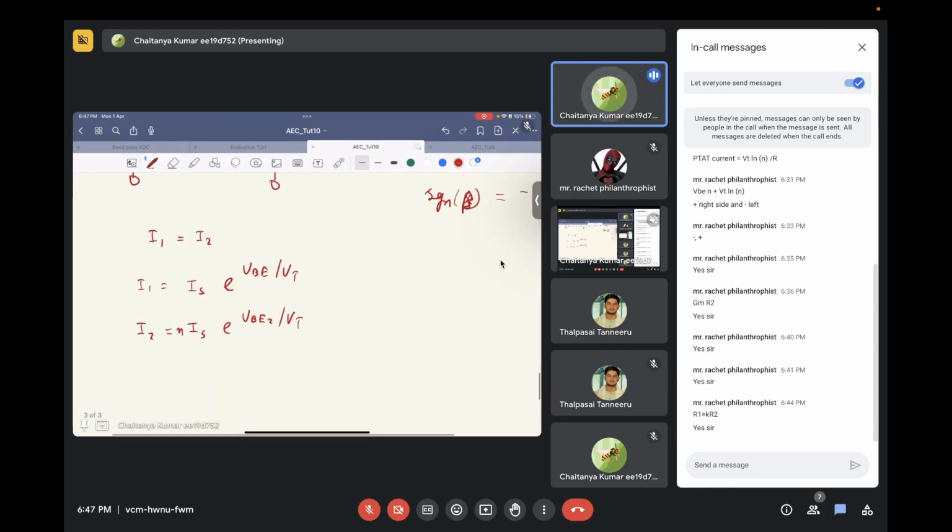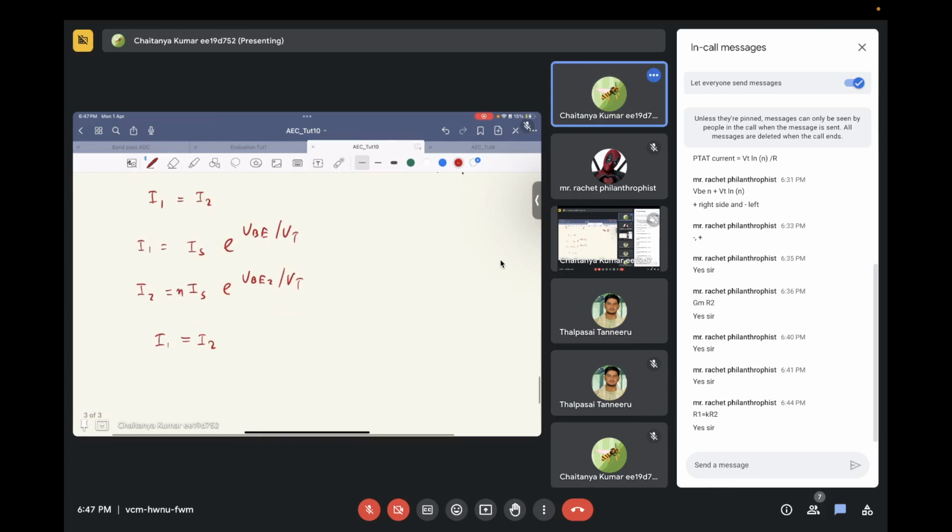Since both of them are equal, you equate I1 and I2. So what you get is e to the power VBE by VT is equal to N times e to the power VBE2 by VT.